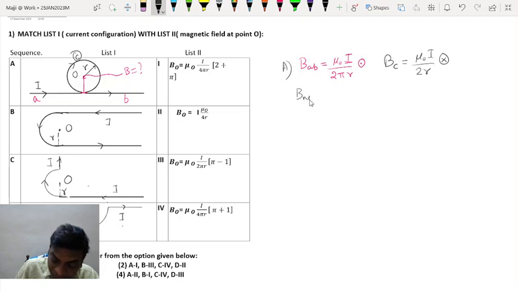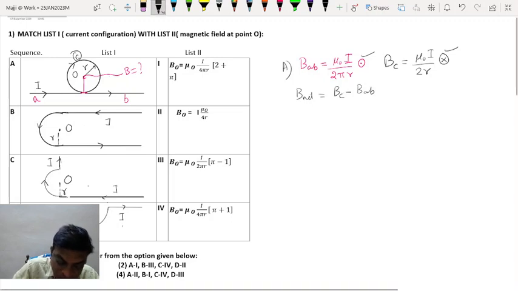So the net magnetic field will be the difference because both are in opposite directions. BC minus BAB, larger minus smaller.